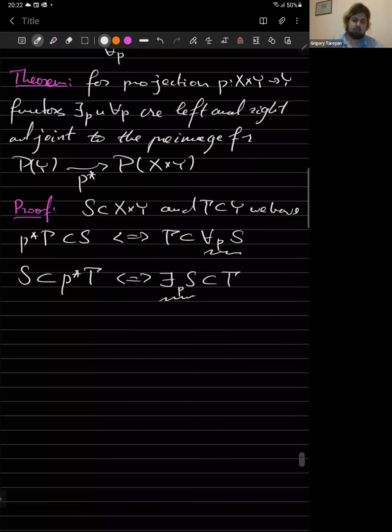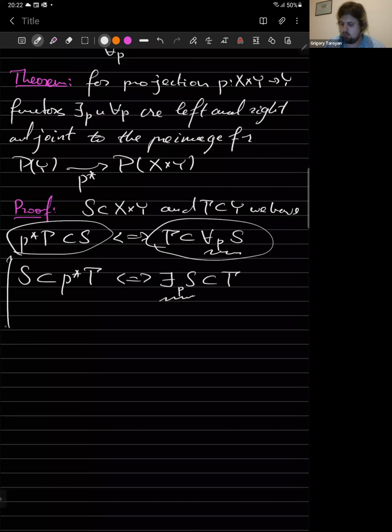Now it is only a matter of interpretation to see that the condition that we have inclusions in Boolean posets is equivalent to the condition that there is, and there is also only one always. If there is a morphism, there is only one morphism in this home set.